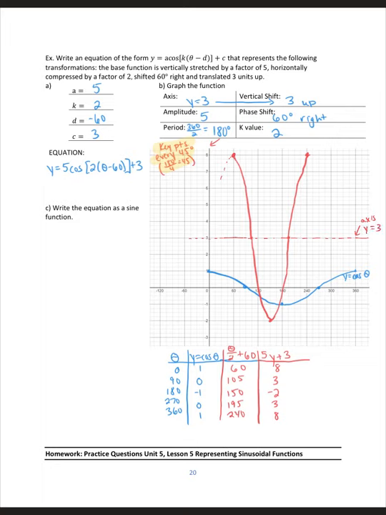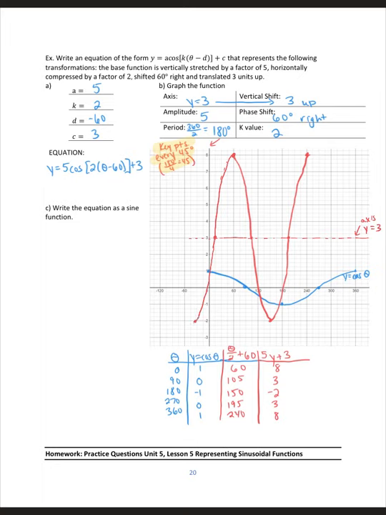Okay, so our key points are every 45 degrees. So right now I'm at 60 degrees, so I'm going to have to go to 15 degrees to come back down to my axis. And then if I wanted to continue, then I need to go to my minimum from there. I'm going to have to go another 45 degrees. So I'm at 15, so another 45 degrees would be at negative 30 and down to my minimum, which is -2.